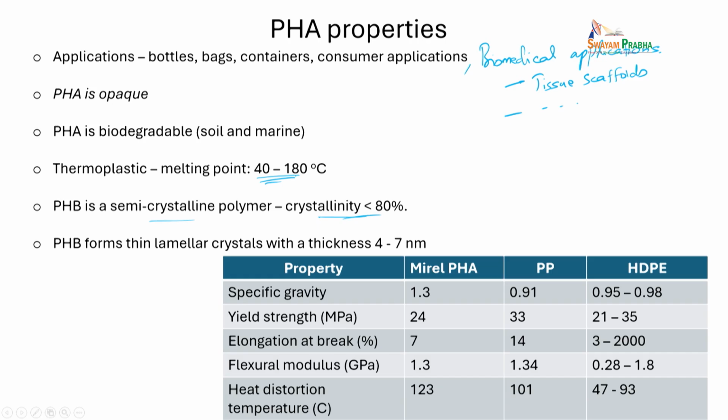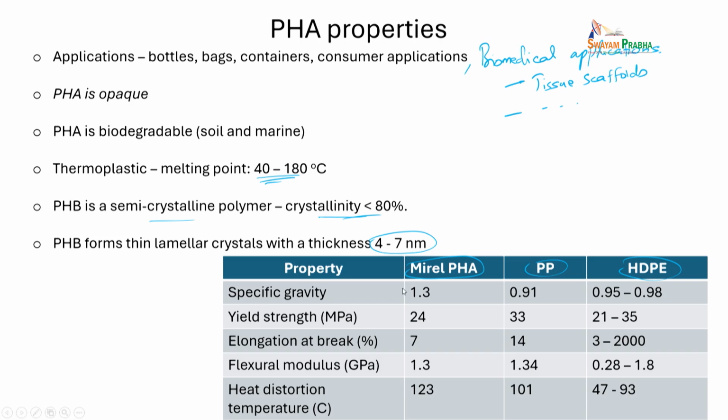And there are studies which say that it forms nice crystals, and the lamellar thickness can be anywhere between 4 to 7 nanometers. This mineral PHA is a commercially available PHA in the market, and here its property is compared with other commodity plastics like polypropylene and HDPE.